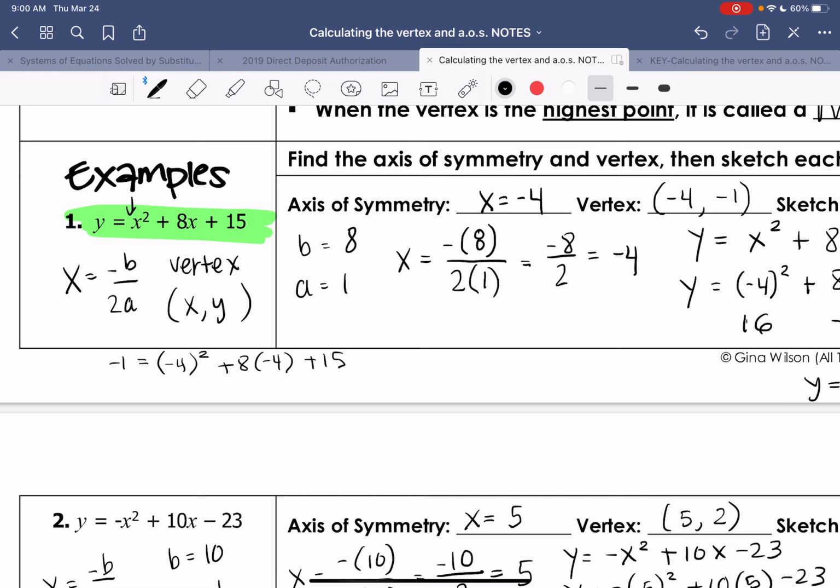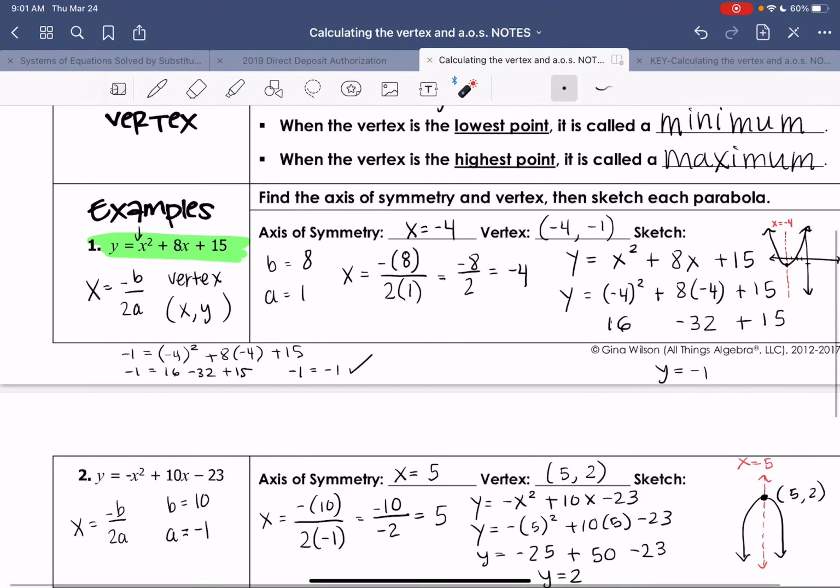So then we know that -1 is equal to, so we have 16 minus 32 plus 15. And we can see that 16 minus 32 is -16, plus 15 is -1, so we have -1 is equal to -1, and so that is just one way you can check your answers if you're concerned you may have made a mistake.